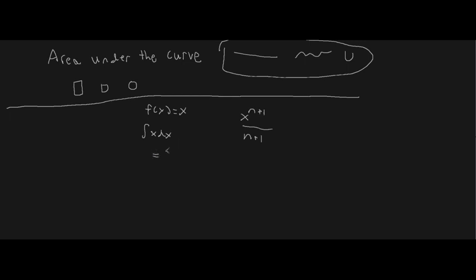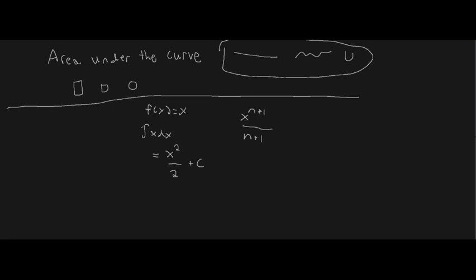So this is going to be x squared over 2, basically because 1 plus 1 equals 2, and then we put the 2 on the bottom. Then we have to finish it off with a plus c, because we don't know the intervals in which we are finding the area. Usually you would see some numbers, like 0 or 1, above here, and they would tell you the intervals of x in which you are going to find the area.